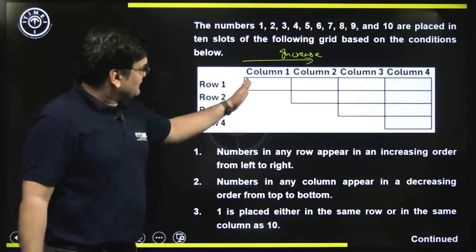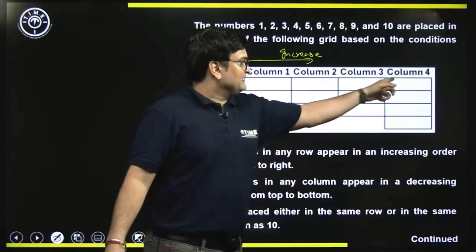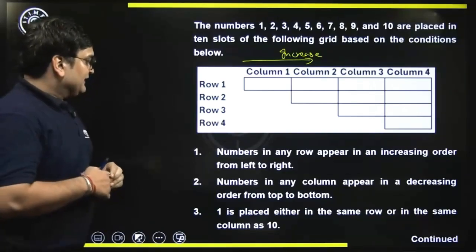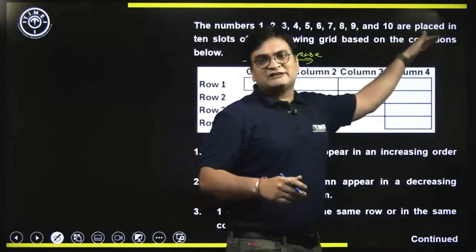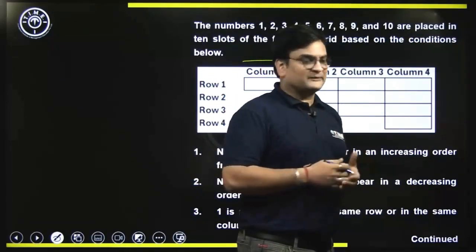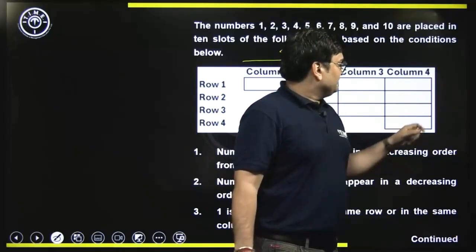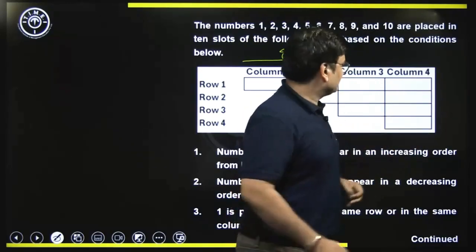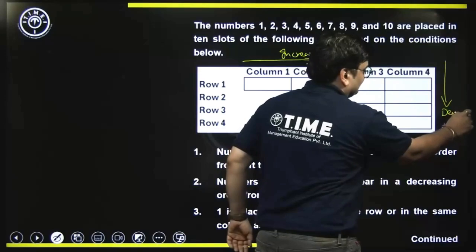So that means the smallest will come here out of the 4 numbers, then the second smallest, the second highest and the highest. Numbers in any column appear in decreasing order from top to bottom. So that means from top to bottom you will write down the numbers in strictly descending order. You will start with the highest number here, second highest, the second lowest and the least. So from here to here it is in descending order.